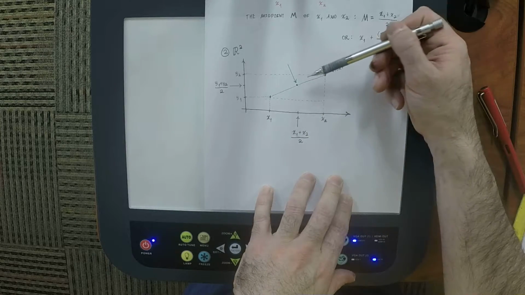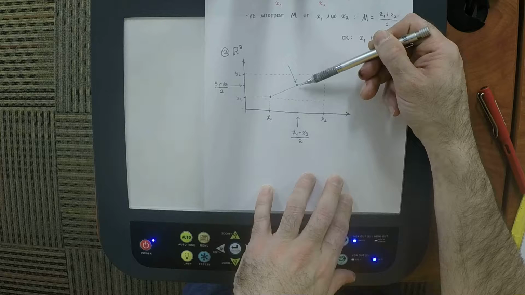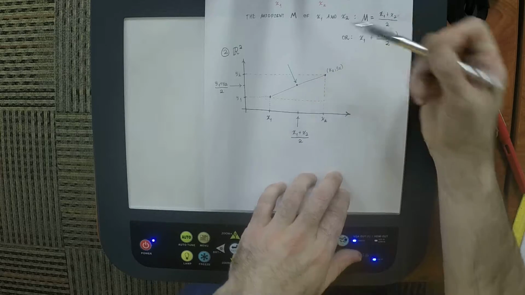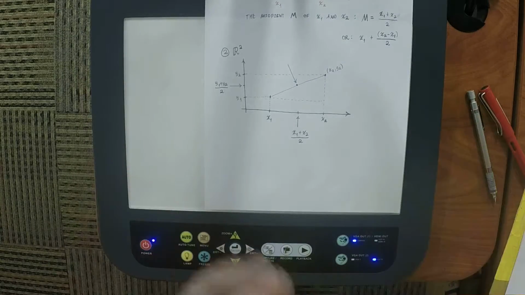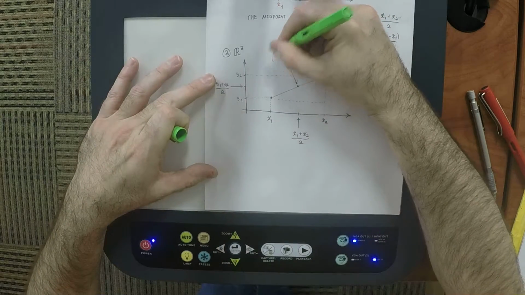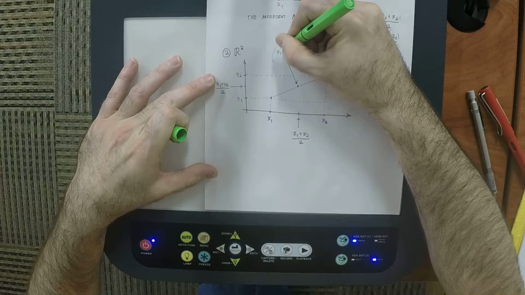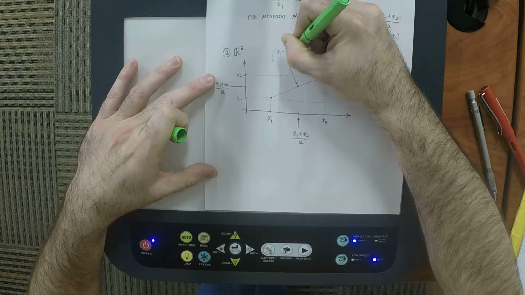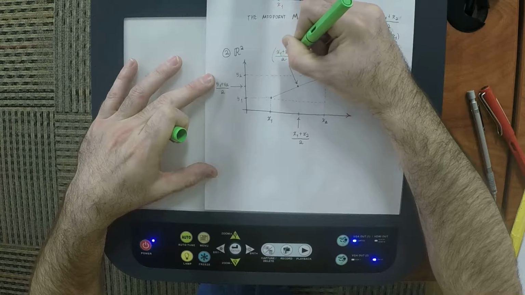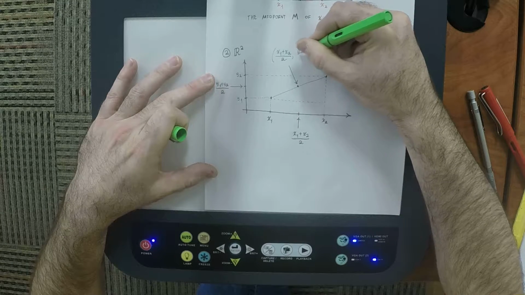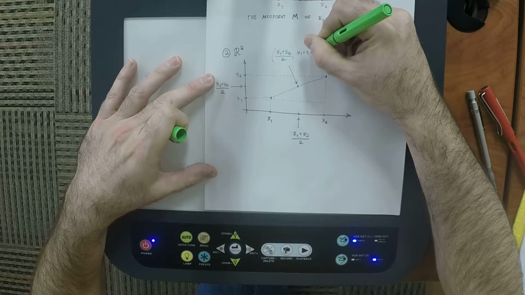So the question is what are the coordinates of that point? Oh, okay. x1 plus x2 over 2. Very good. So the x-coordinate is the average of the x's, and the y-coordinate is the average of the y's.